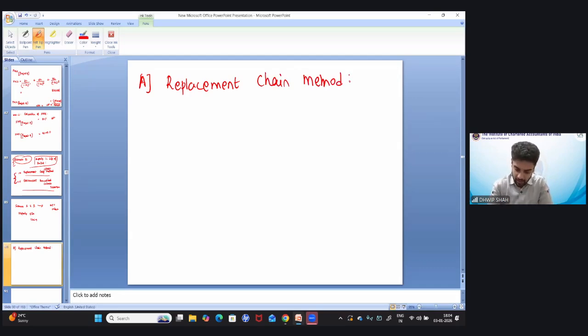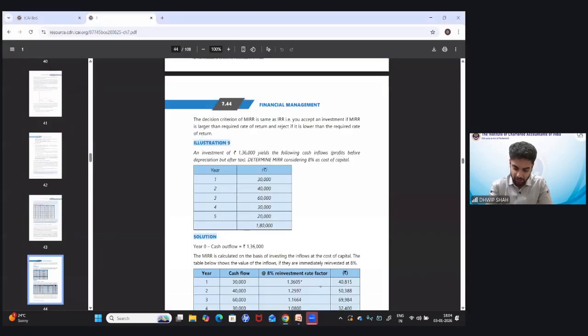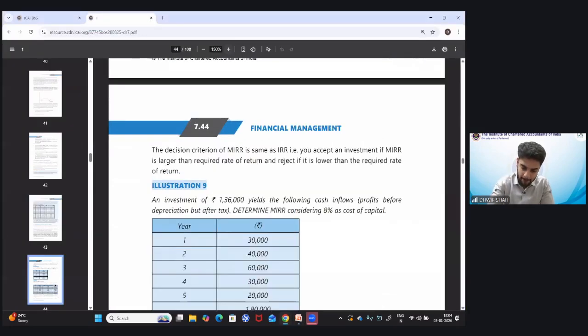ठीक है? Let's directly take an illustration from the module.